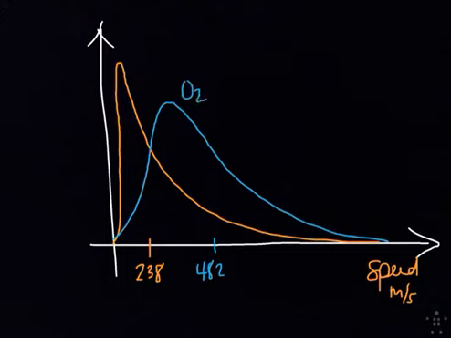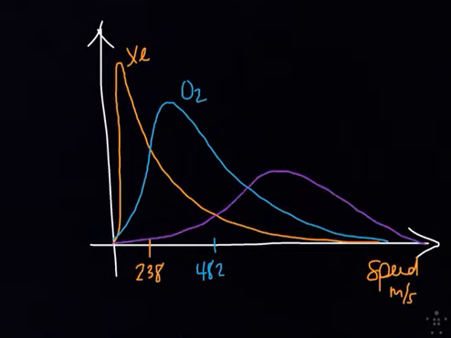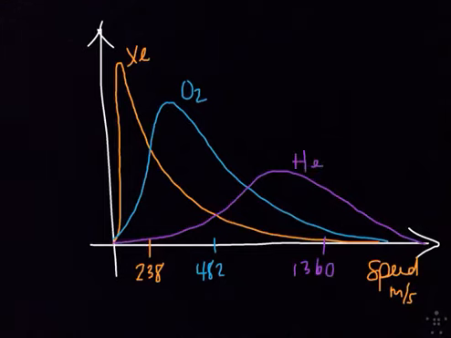There's our O2. And this is our xenon. And of course, our helium would be zipping around at very high speeds. So it would have a really high average. This is not quite to scale, but it would be up around 1360 meters per second. Okay, so it gives us some relationship between molecular speeds and the masses of molecules.